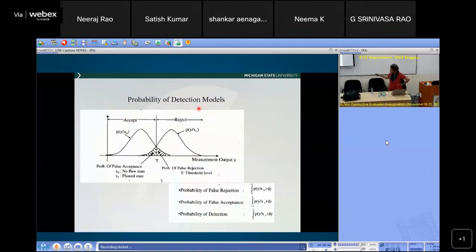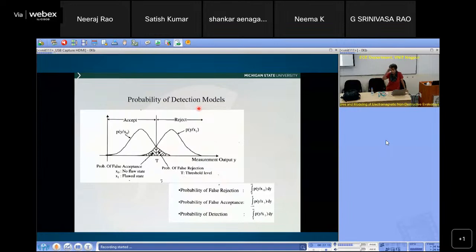So you can calculate this area, this is the false acceptance. Because it is less than t, you're going to say no defect, false acceptance. Or it is greater than this, it's actually the tail of the no flaw. It's a false rejection. A good sample has been rejected.